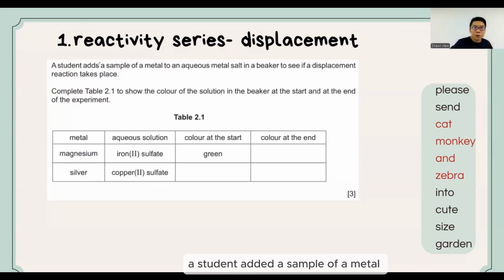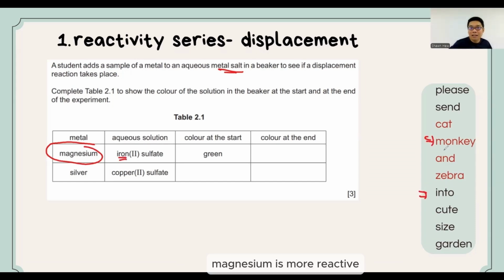Next question, a student added a sample of a metal to aqueous metal salts and saw whether displacement happened. They put magnesium into iron. Magnesium is more reactive. Yes, that's why they will have displacement. So initially we have Fe2+, green in color.